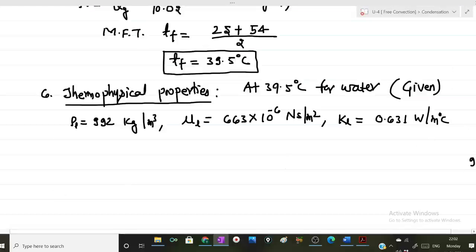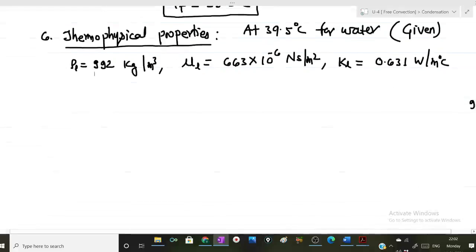So all these were the general steps. Now I can start calculating what has been asked. Let us calculate first the average heat transfer coefficient.